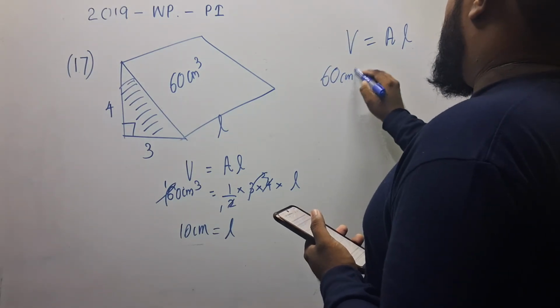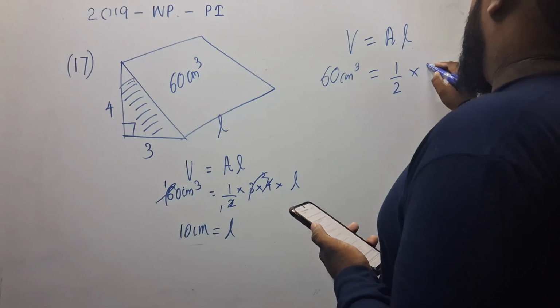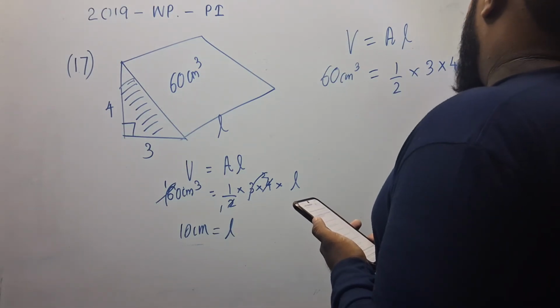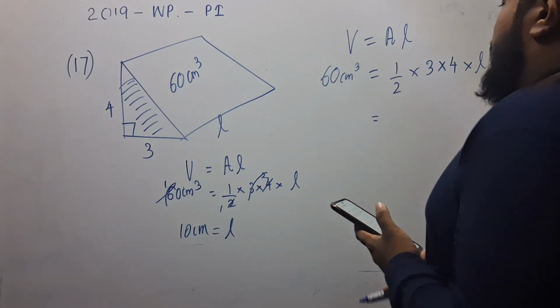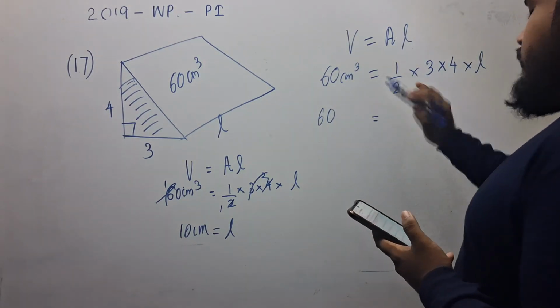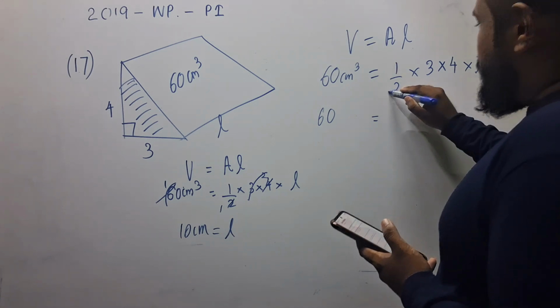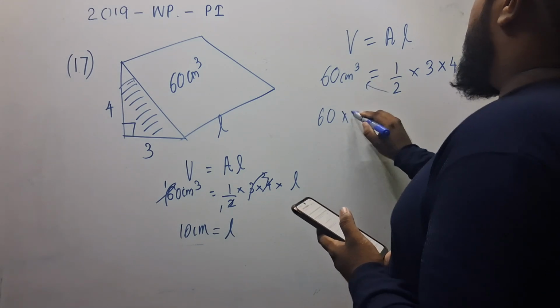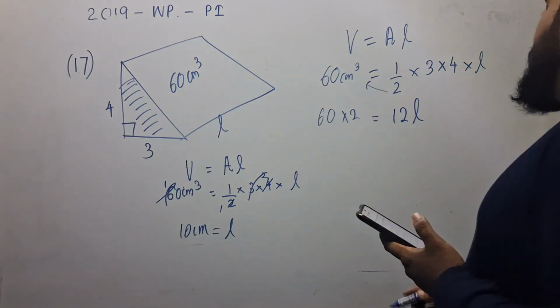60 cm cubed equals half into base into height into length. 60 equals, you can cancel this 2, or if not, you don't cancel it, you do the cross multiplication. 60 times 2 equals 3 times 4 is 12.